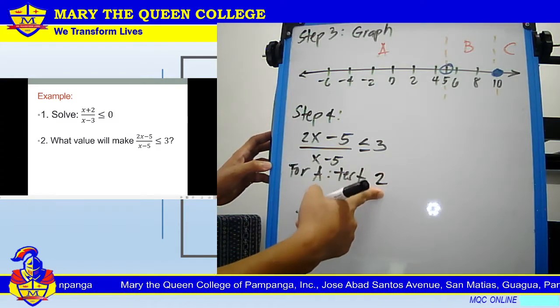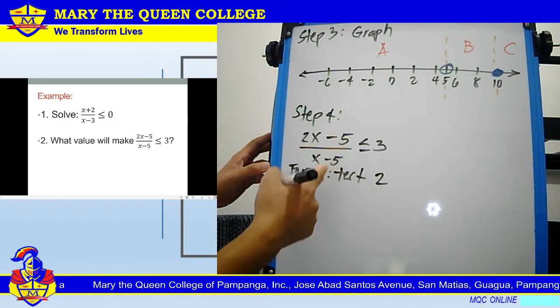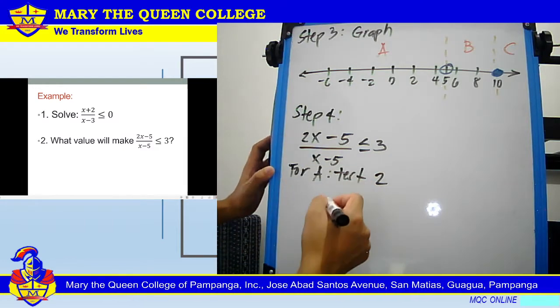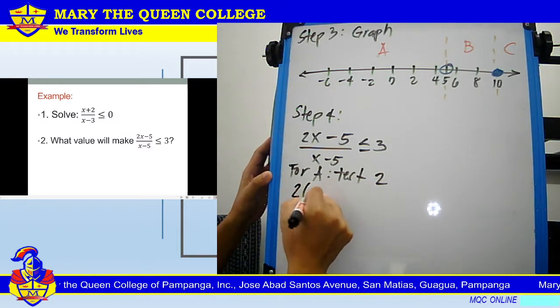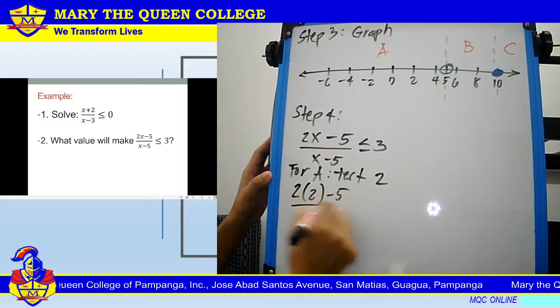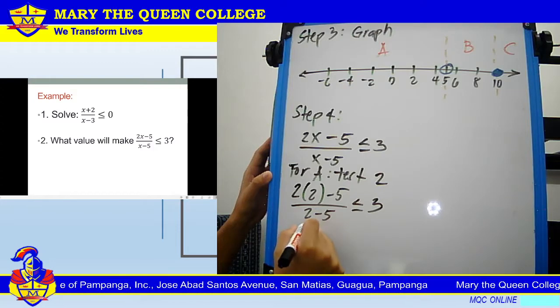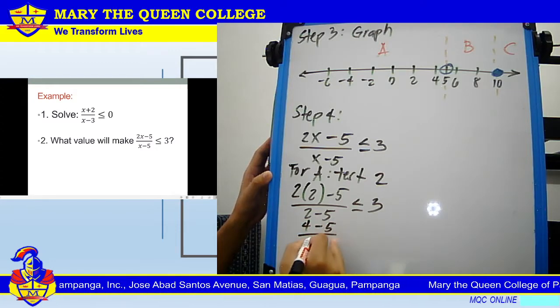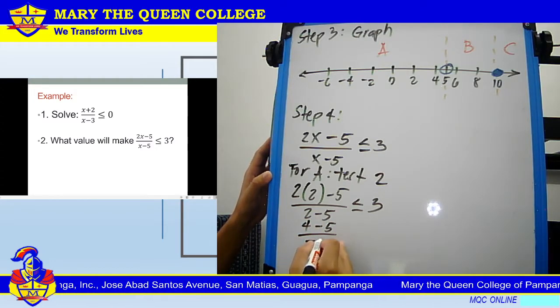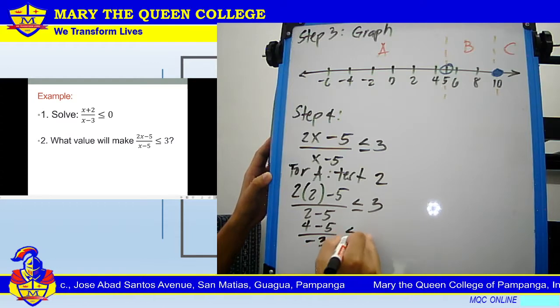So substituting 2 to our given inequality, we may now have 2 times 2 minus 5 all over 2 minus 5 is less than or equal to 3. Then continue, you have 4 minus 5 over negative 3 less than or equal to 3.